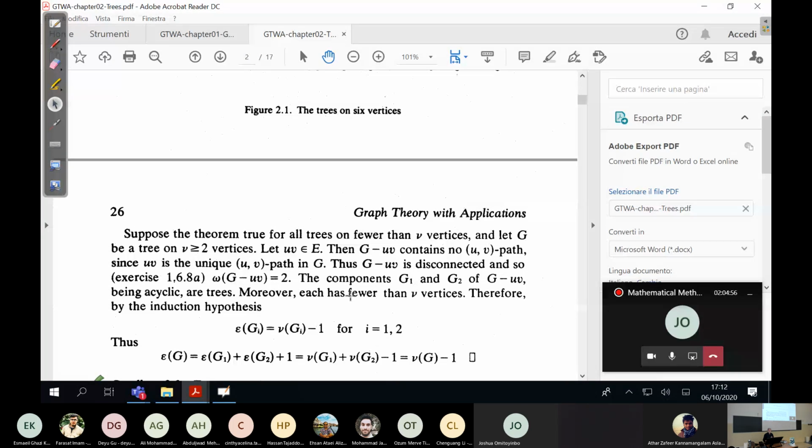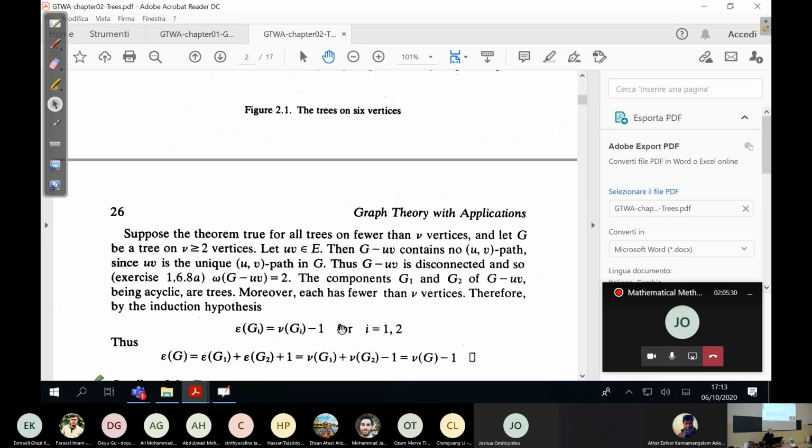So they are trees. The two components, call them G1 and G2, of G to which you have taken away edge UV, are trees. And of course they have fewer vertices, because one does not have V and the other does not have U. So they surely have at most n minus 1 vertices, and so for them our relation works.